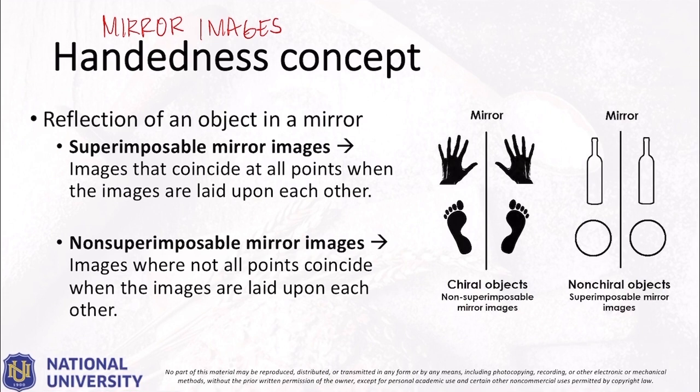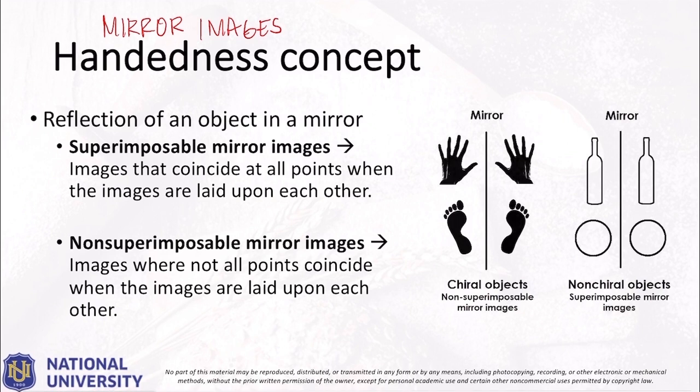Kapag sinabi nating hand, diba, refers to anything which cannot be identical on its own mirror image. So this is a reflection of an object in a mirror. We have two types of mirror images: the superimposable mirror images and non-superimposable mirror images.